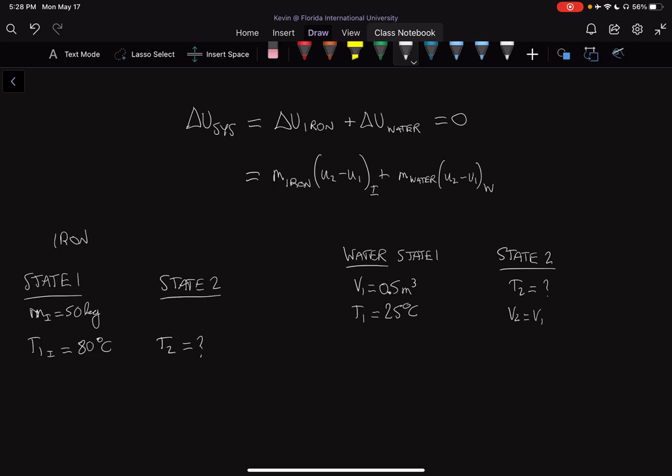Since we're not given any pressure, we can't really use our tables to find values for U2 and U1. We're only given temperature. That's it. We're not even given mass. So from temperature and specific volume, we can't find U2 and U1. And actually, that's going to be a little bit easier for us because we're actually trying to find T2. So we can find T2 in a different way.